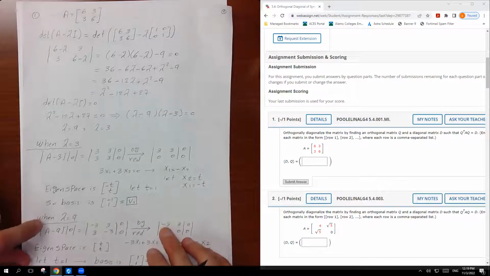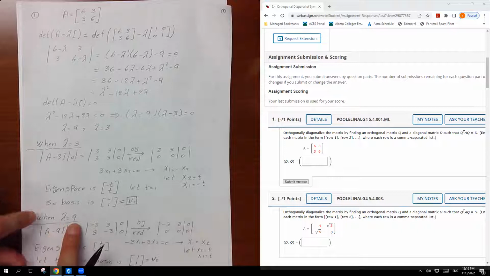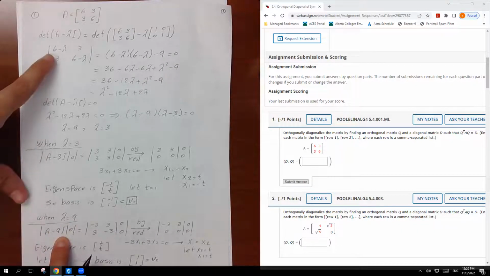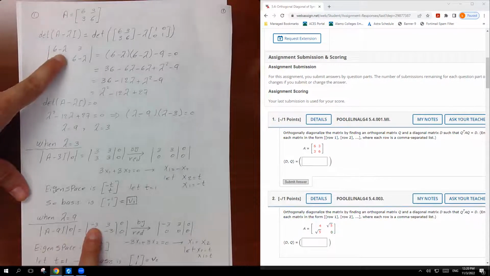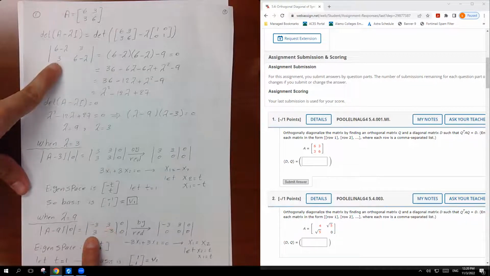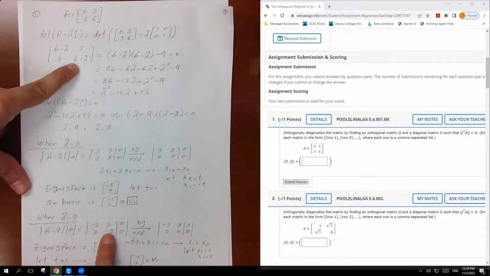Now I'm going to go back, and when lambda equals 9, A minus 9I, that means you plug in 9 here. So 6 minus 9 is going to be negative 3, and here's a 3, and it's going to be 3 here, and 6 minus 9 is going to be negative 3. The same thing, by reduction, we convert to reduced row echelon form. You can just add these together, so it's going to be 0.